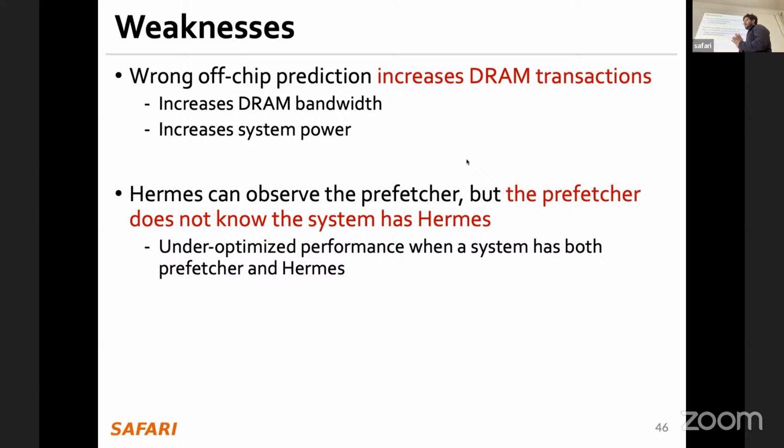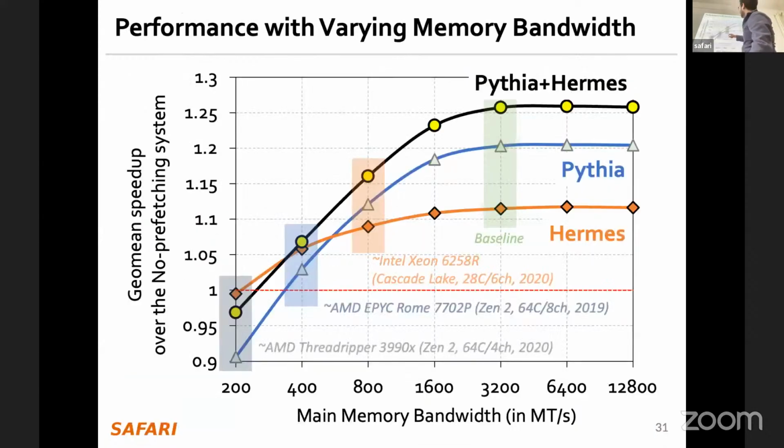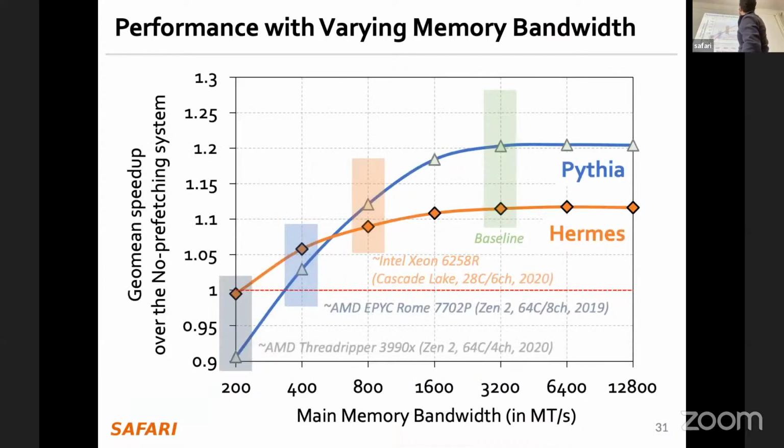I skipped through that figure, but if I go back quickly to it, that's what it's showing. You have the prefetcher, you have Hermes, and on the x-axis you have the different bandwidths. The more you go on the positive x-axis, the more relaxed it is in terms of bandwidth.